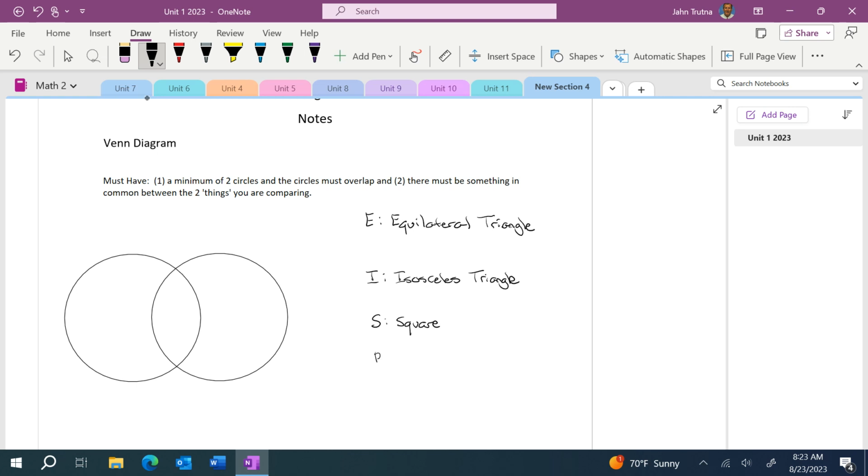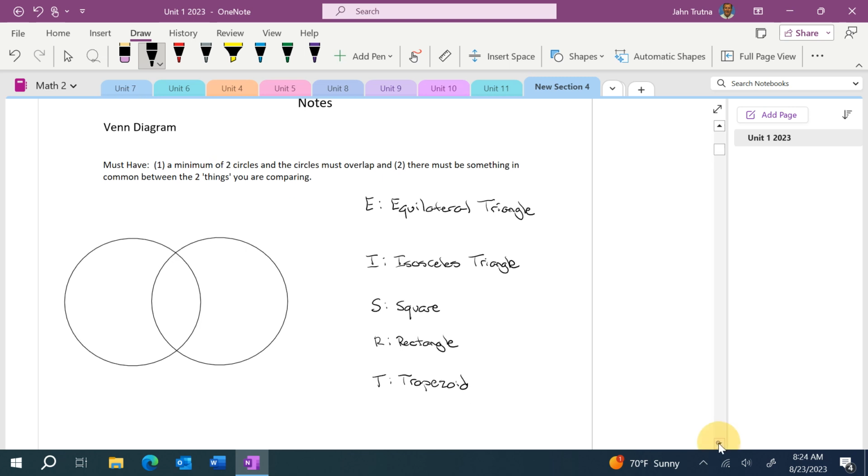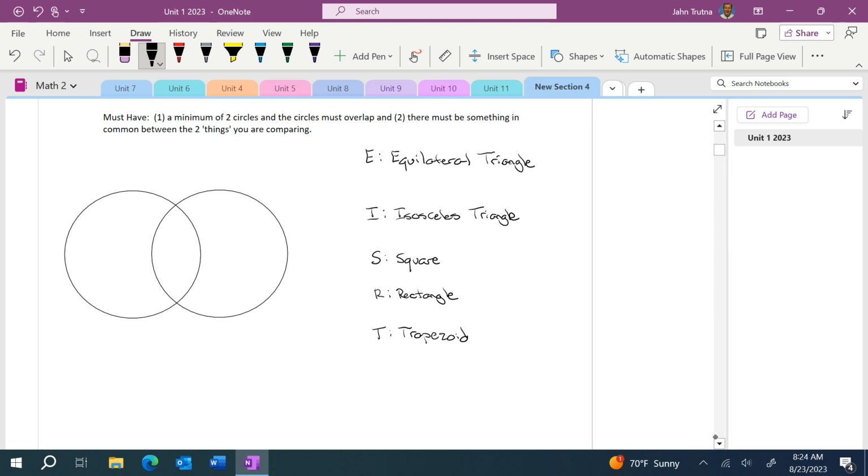R, which will represent rectangle. T, which is going to represent a trapezoid shape, which is known as a trapezoid. That one might be new to you. That's okay. We'll go over what it is. And the 6th shape is going to be, let's see, I've already used up R. Let's use H, which will be a regular hexagon.